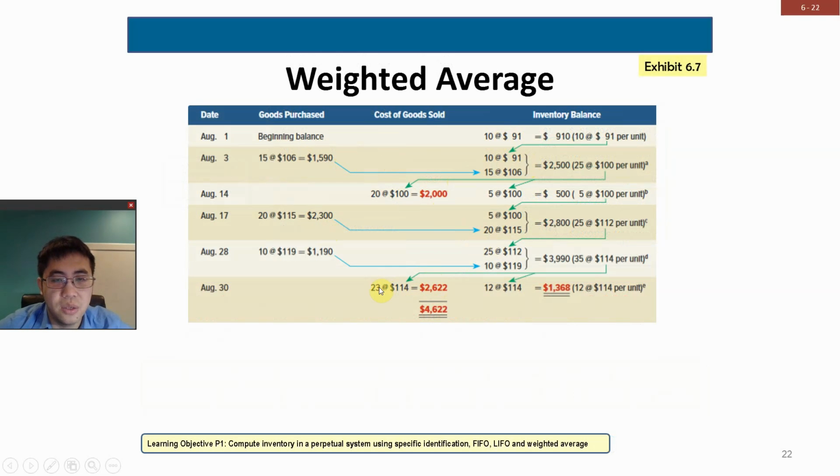So what you see here is when you make the 23 units sale, the cost each is $114. So you just keep updating the price per unit each time you make a purchase and each time you make a sale. So that's your price per unit. All right. So this would be your total sales, total cost of goods sold based on the weighted average system for inventory cost.